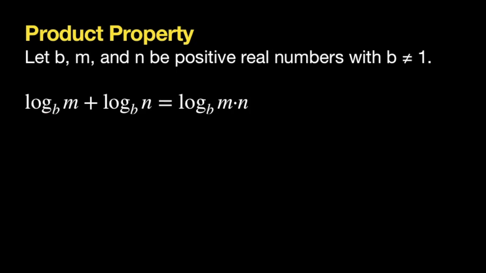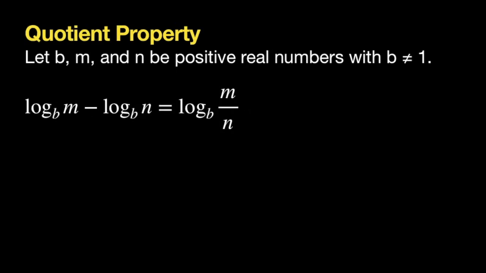Whenever you're adding two logarithms, so if we were adding log base b of m plus log base b of n, that is the same thing as doing log base b of m times n. The quotient property is very similar, but in this case, instead of adding two logarithms, we're actually subtracting them. And anytime that you're subtracting two logarithms with the same base, we are just going to divide m by n.